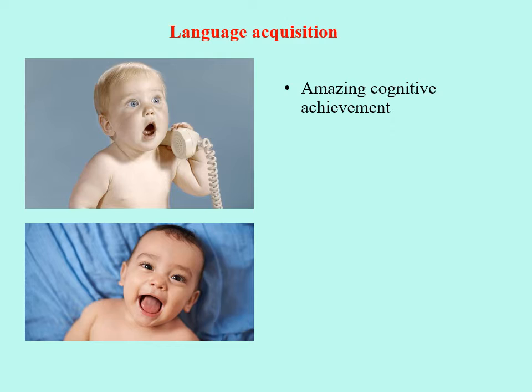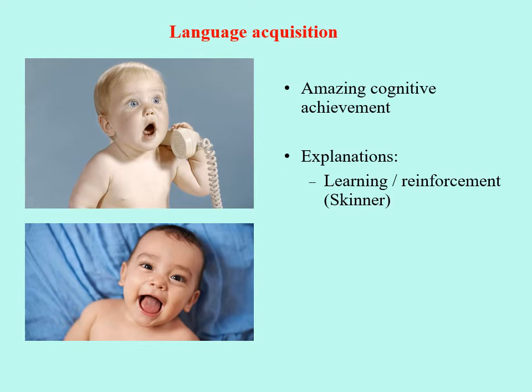This is truly a remarkable achievement, probably the greatest cognitive achievement in our lifetimes. So not surprisingly, psychologists have been wondering about how we can explain this amazing feat. And there are basically three different approaches or explanations that have been proposed.